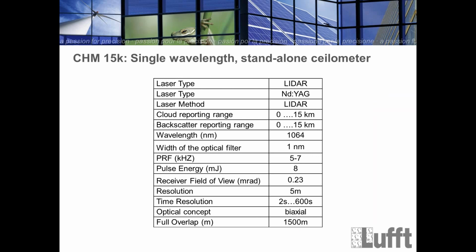Here is just this overview about also the techniques of such a single wavelength. It's a single wavelength because we only send out one wavelength at 1 micron, or 1064 nanometers. It's a neodymium-based wavelength, and we are using a kind of optical filter to suppress the daylight, and have this typical pulse repetition frequency of 5 to 7 kilohertz.